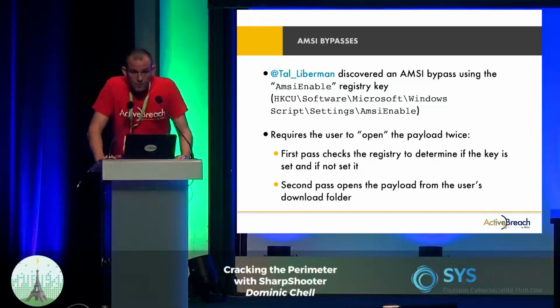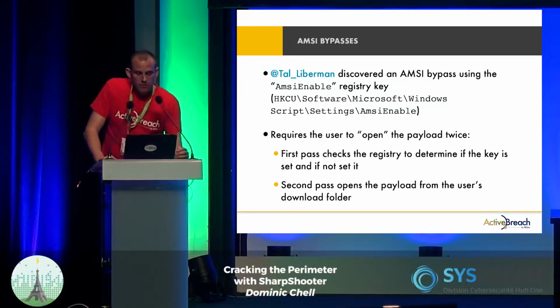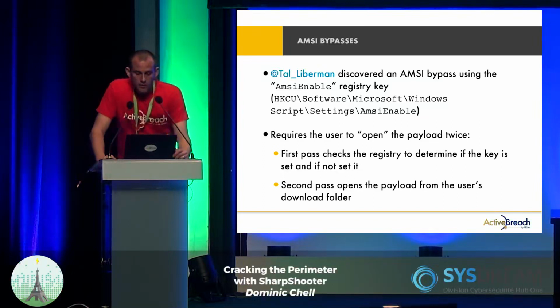So let's talk a little bit about some other bypasses that directly focus on AMSI. Tal Lieberman discovered quite a simple little trick. Essentially, there's a registry key that's accessible in the current user hive called AmsiEnable. If this key is set to 0, then AMSI is just completely disabled.